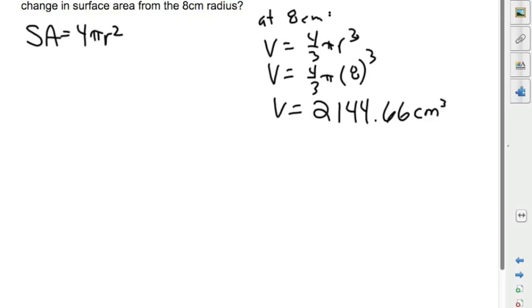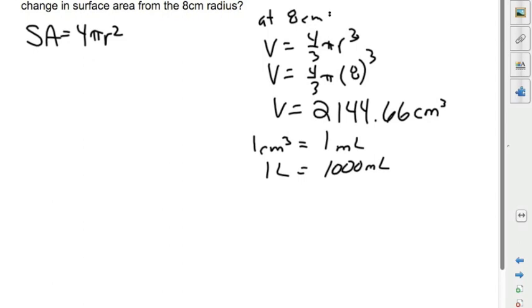Okay. Well, what hopefully you remember from last class is 1 centimeter cubed equals how many milliliters? 1. So that one's easy to remember, right? And 1 liter is equal to 1,000 milliliters.